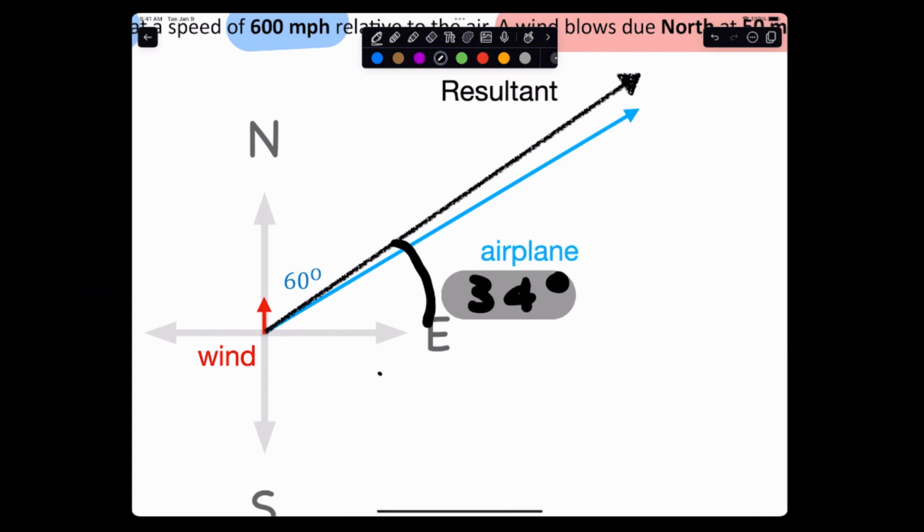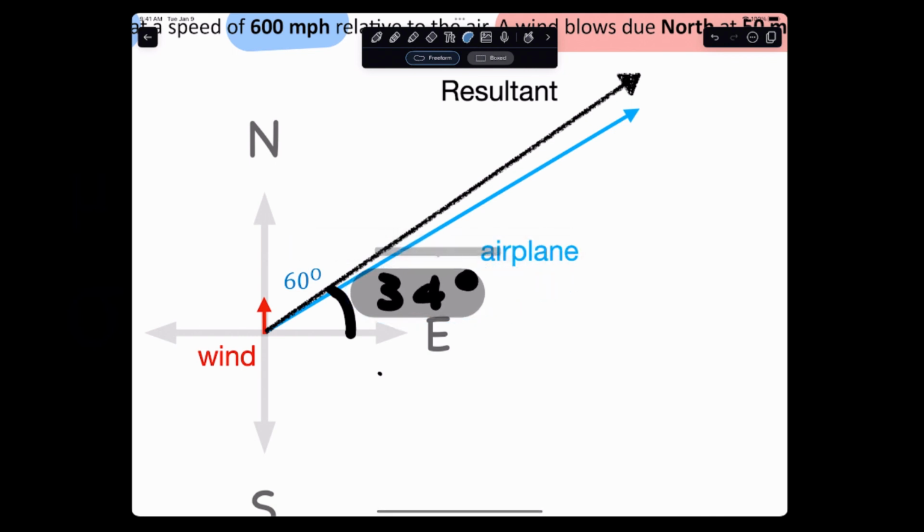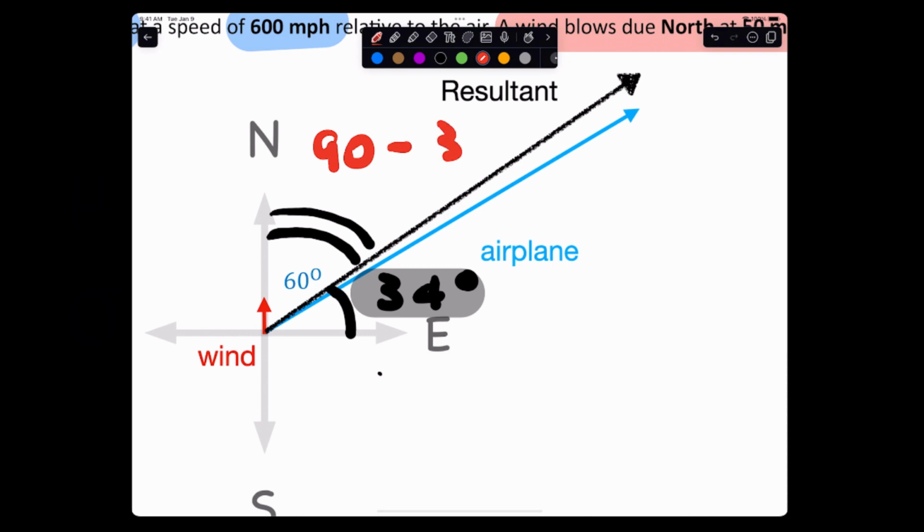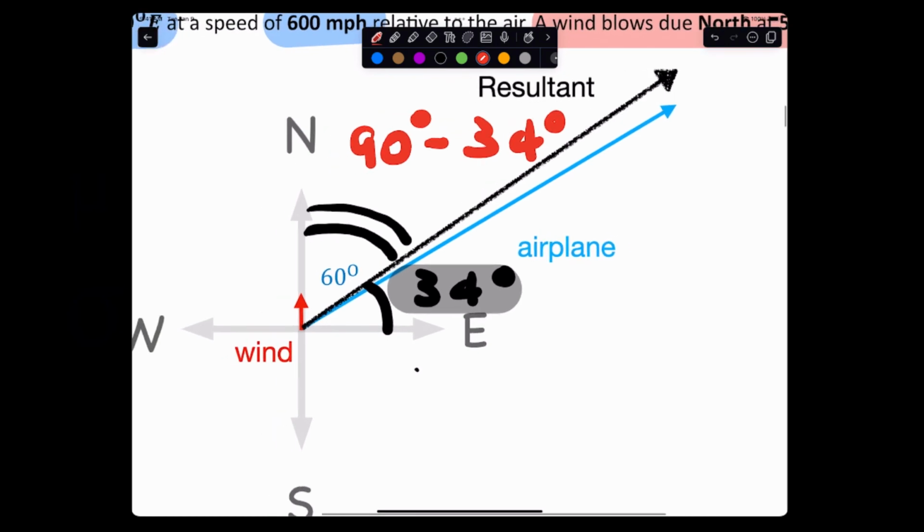If you like, you say, oh, this is 34 degrees, sorry. Okay? What do you guys need again? What's this? 90 minus what? 34. And what's 90 minus 34? 56 degrees.